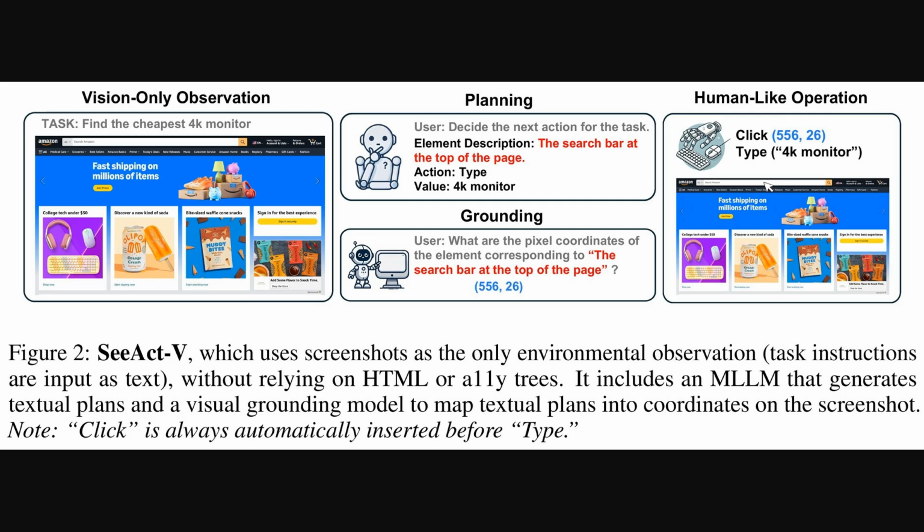Then, planning, where an AI model decides the next action, say, identifying the search bar at the top of the page. The crucial grounding step then uses this referring expression, that descriptive phrase, to pinpoint the element's exact pixel coordinates, its x, y location on the screen. Finally, human-like operation shows the agent actually clicking and typing at those coordinates.